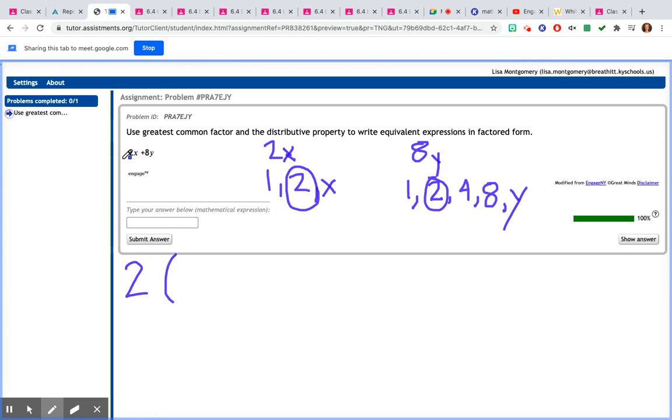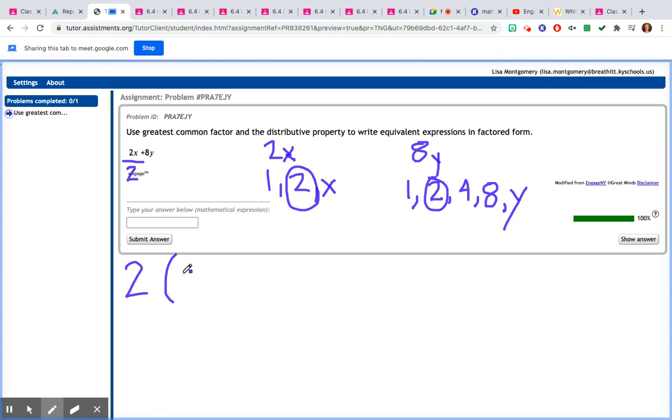So Addie, stay with me. 2x divided by 2. So 2 times x divided by 2. What did you say? 2x divided by 2.